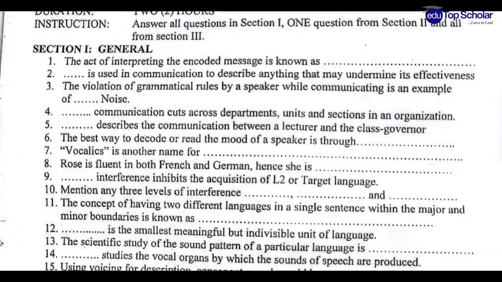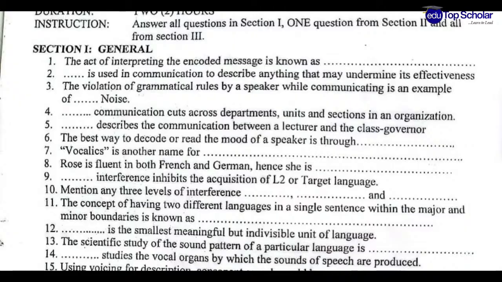Then number 2, dash is used in communication to describe anything that may undermine its effectiveness. Anything that undermines communication, anything that hinders communication is called noise. So the answer to that question is noise.